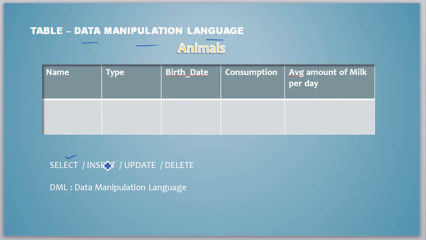Select, insert, update and delete form a part of data manipulation language, which people in the database world refer to as DML. In the last video we saw DDL, and right now DML, which consists of select, insert, update and delete. Select is to read from a table, insert is to insert data into a table, update is to update existing data in a table, and delete is to delete data from the table. So this forms data manipulation language. Thanks for watching this video.